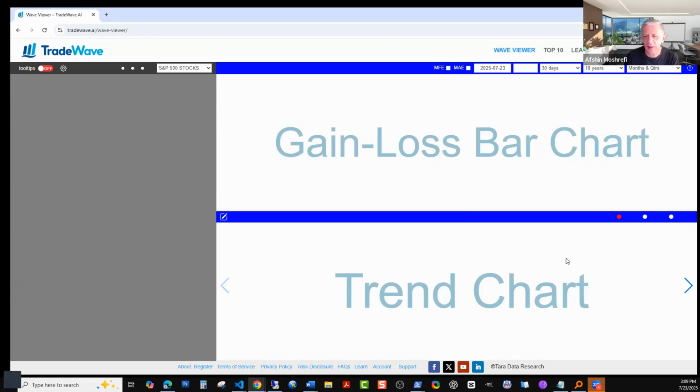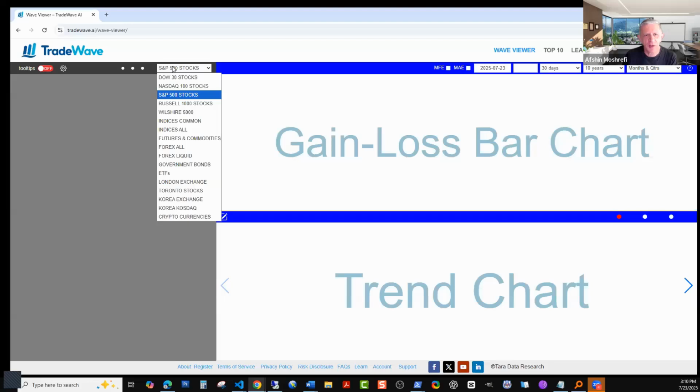But the right side is where we can take a look at any seasonal pattern whatsoever. It doesn't matter what it is. You just have to make sure you have selected the correct group. So right now I have S&P 500, or any US stocks will work.